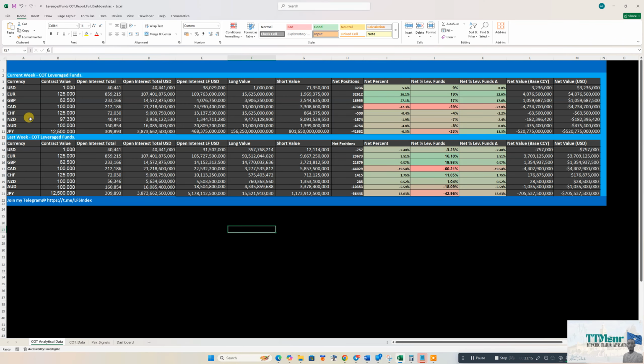So we will go to the next week for the US dollar. For the US dollar, it was positive, right? Because negative is coming back to positive.